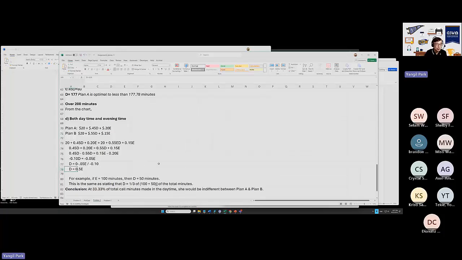And if you're not sure how exactly we came up with that, you can play with the actual minutes. Starting from 1 minute is too small, so maybe start from 100, 200, 300, 400. If you increase by that, you can build up two columns and three columns. Then you'll see how those numbers are increasing, and find out that it will be only 33% because it ends up having 0.5 E for D, which is the daytime minutes.